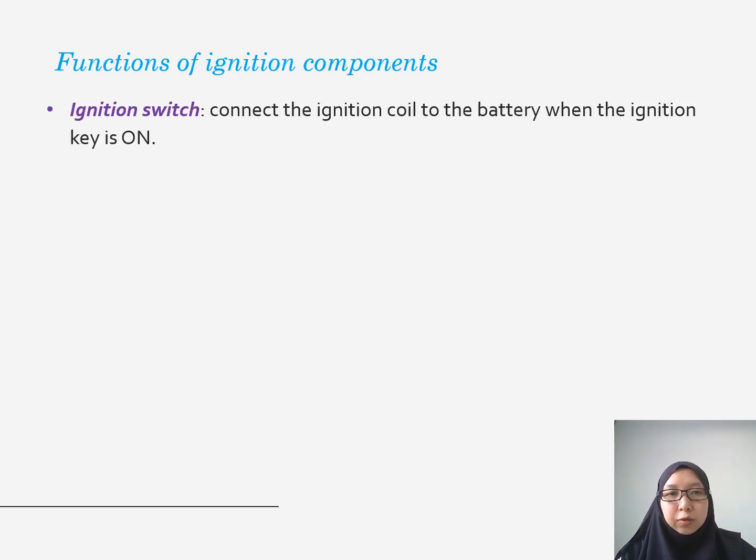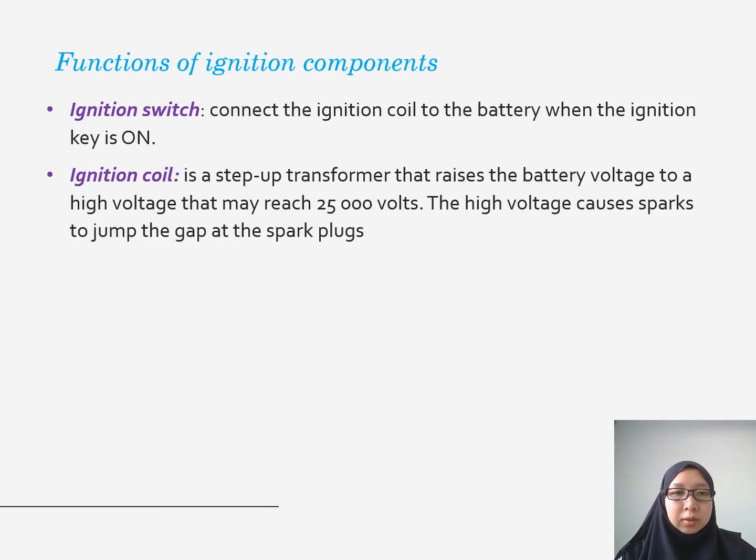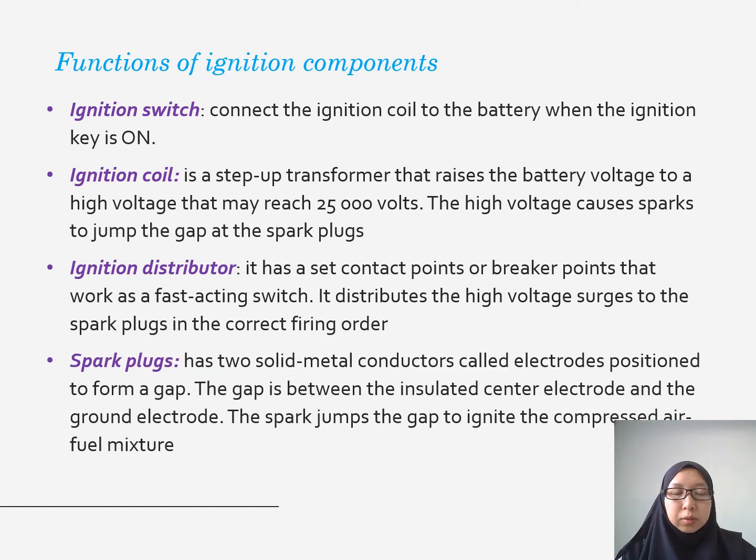Now the function of the ignition components. There are 4 main ignition components. The ignition switch completes the circuit from the battery to the ignition coil when we turn it on.